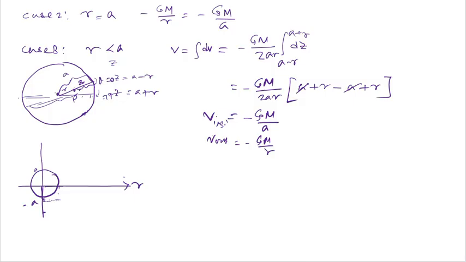When r is up to a, potential is constant. From here it is 1 by r, and the 1 by r graph is like this. So this is the potential of a point due to a hollow sphere.